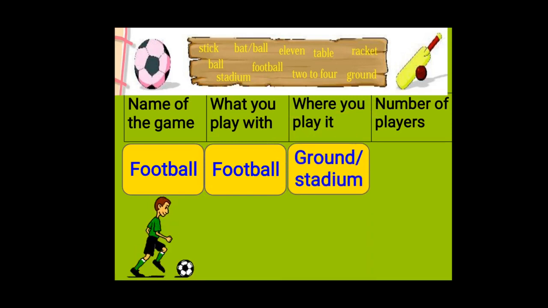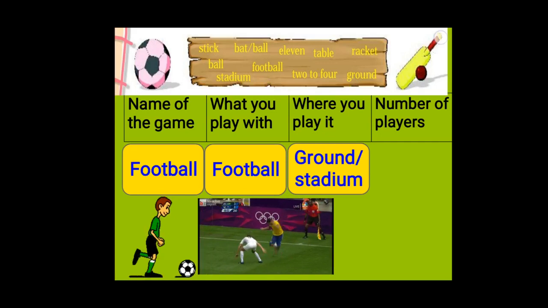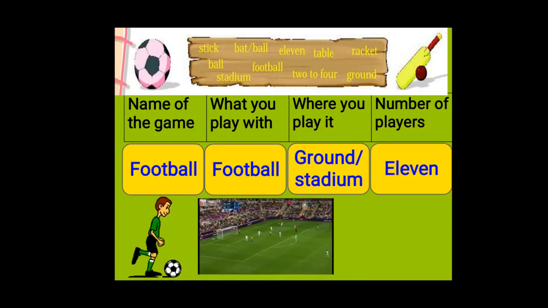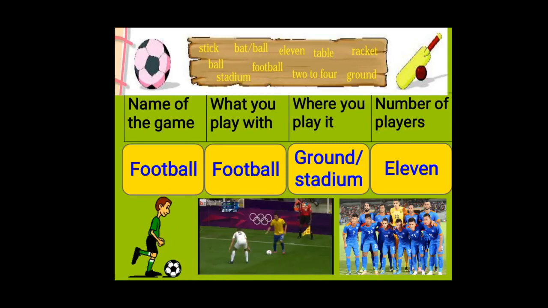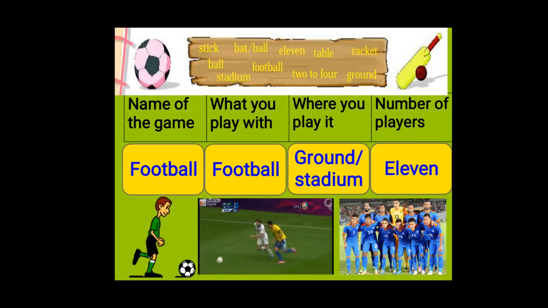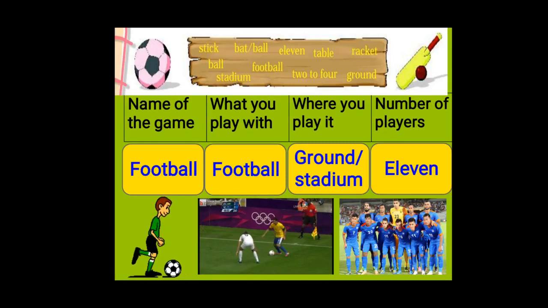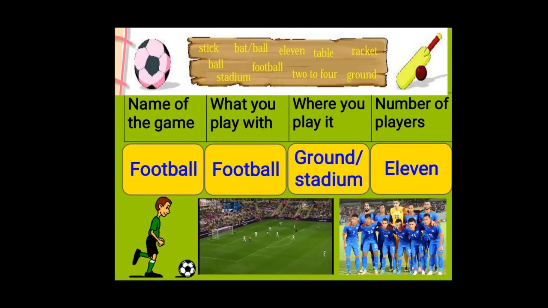Again it is ground or stadium. फुटबॉल को भी हम कहाँ खेलते हैं? ग्राउंड या स्टेडियम में. And how many players are there in one team? 11 या 2 to 4? Which one will be the correct answer? Correct answer is 11. There are 11 players in a football team. So we have completed this table with all the answers.